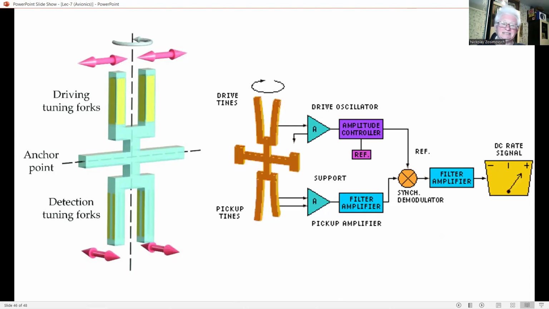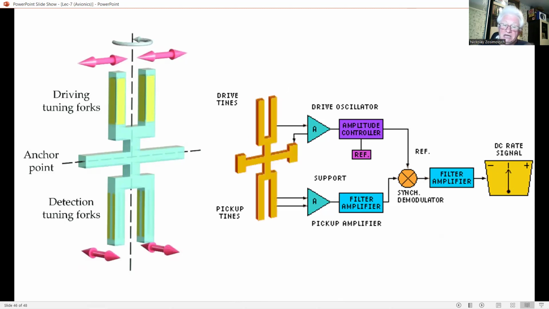By the way, the DC output signal changes sign when the input rate reverses, due to the action of the phase-sensitive rectifier.